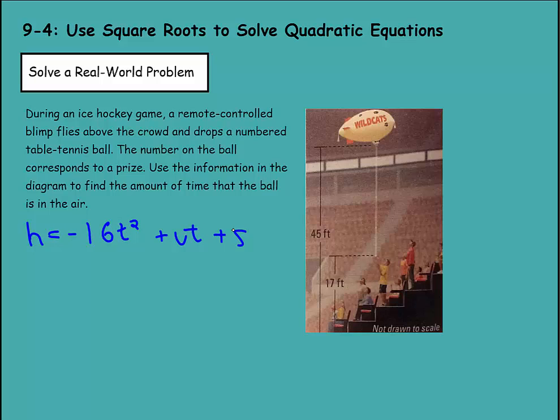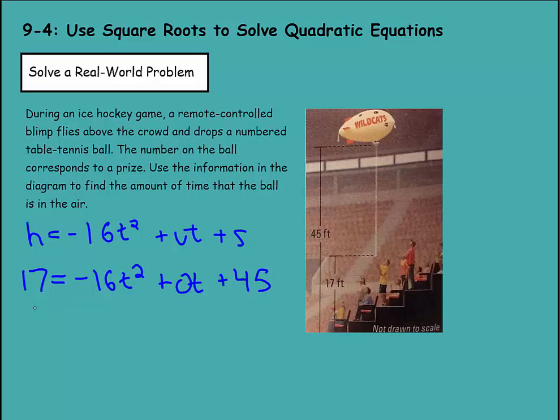We want the final height to be 17 feet, so h is 17. We still don't know the time, so it'll be negative 16t squared. We know the vertical velocity is 0, so 0 times t. And the starting height is 45 feet.